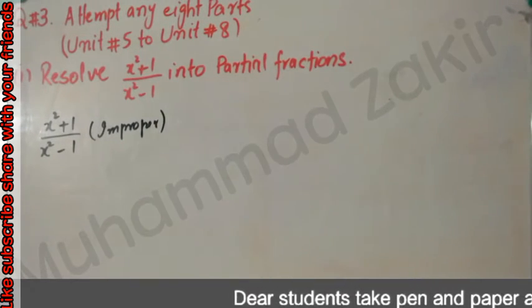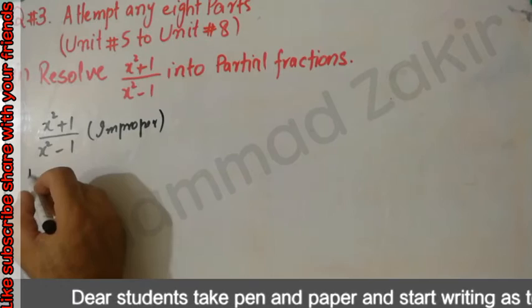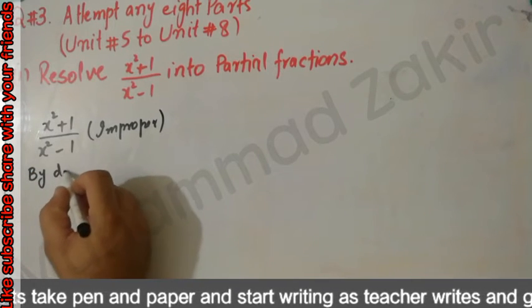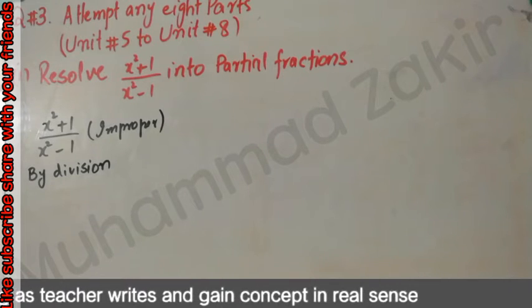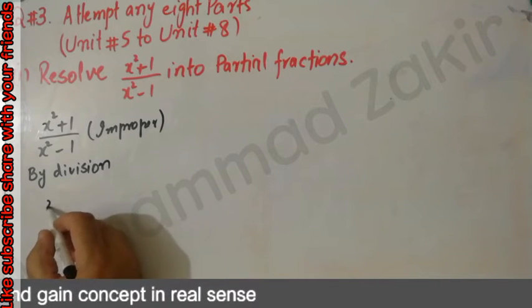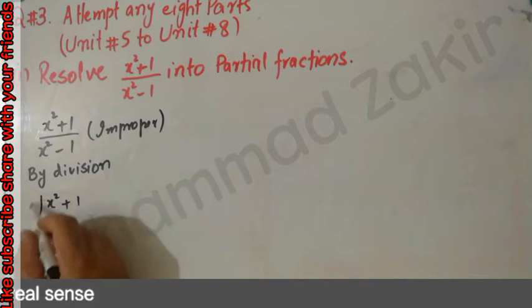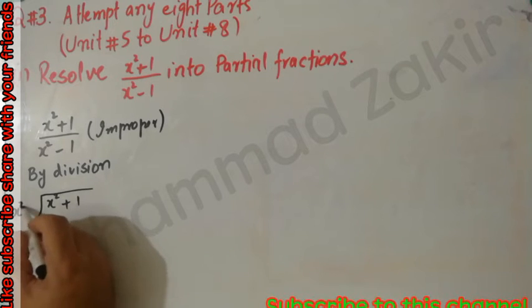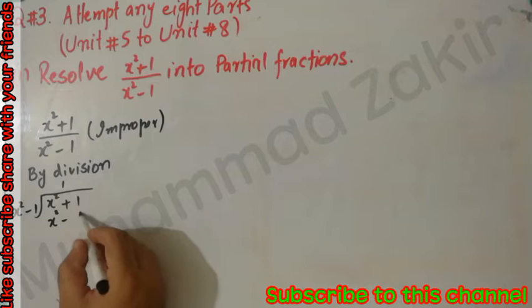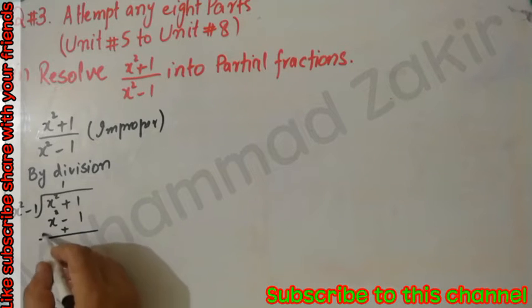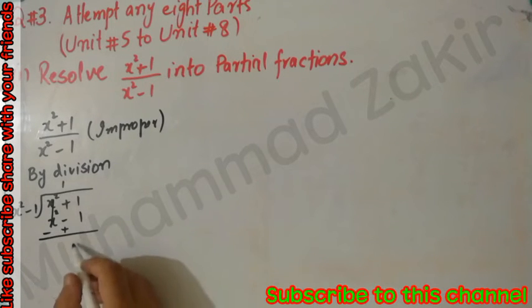In case of improper, we first divide. So we write by division. By actual division, x square plus 1 is divided by x square minus 1. We multiply it by 1 and get x square minus 1, and then we can see what we are left with.